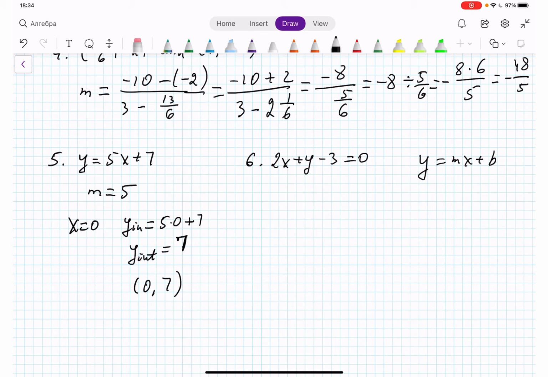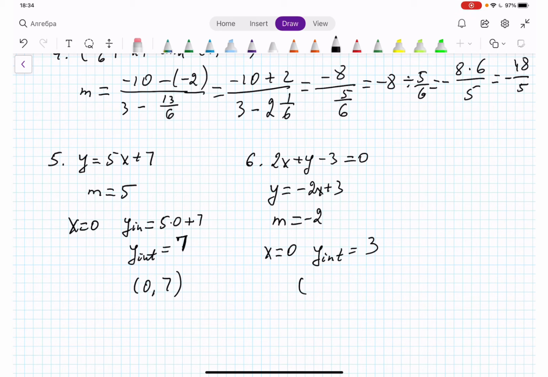Solve equation related to y. y is equal negative 2x plus 3, right? Since I move everything on the other side, it's going to flip the sign. And from here, my m is going to be equal negative 2, right? Slope. And y-intercept, when x is equal 0, y-intercept is going to be equal 3, which means y-intercept is 0 and 3.